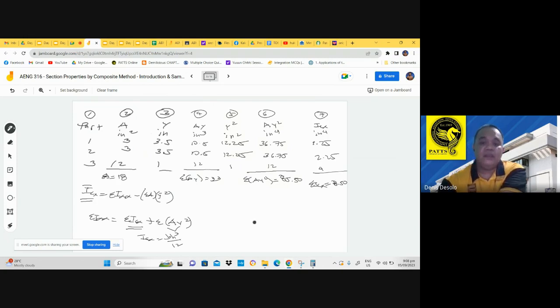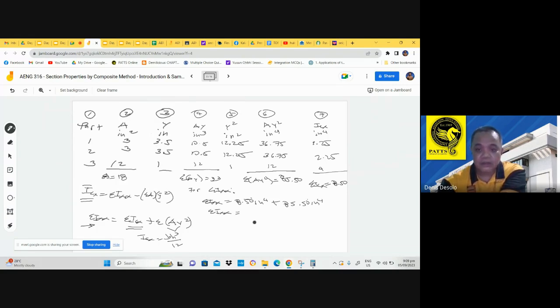Or 8.50. So for the first time that we're going to use the transfer formula, that is for the solution of this I x x. So the summation of I x x is equal to the summation of I c sub x, which is 8.5 inch to the fourth, plus the summation of the product of the area and y squared, that's 85.5 inch to the fourth.